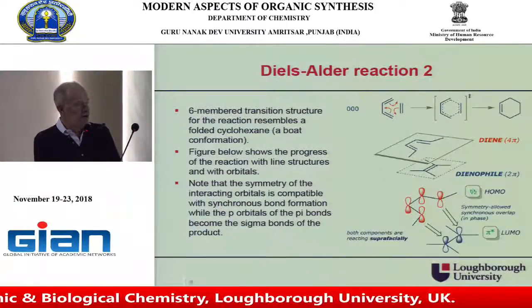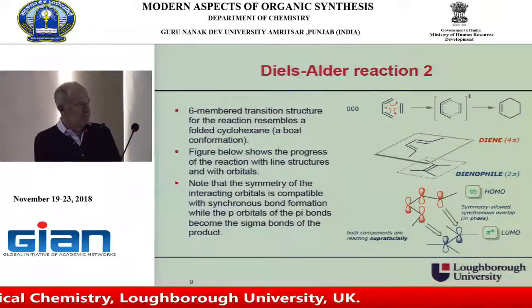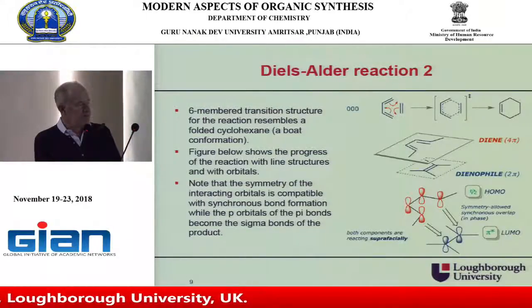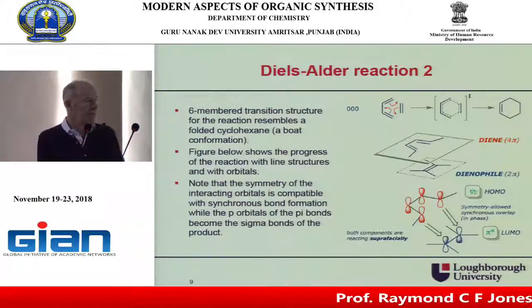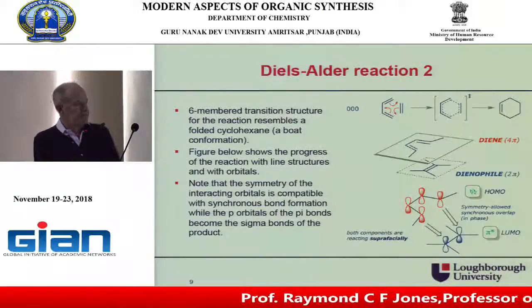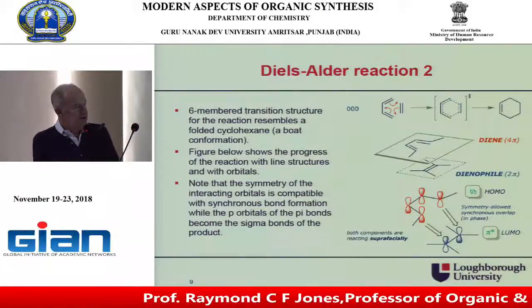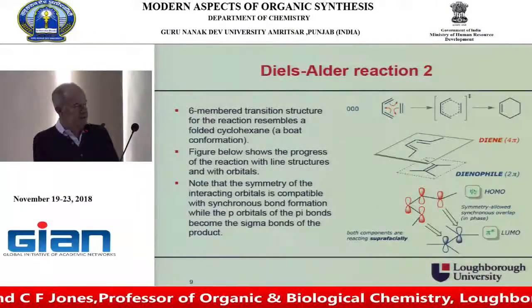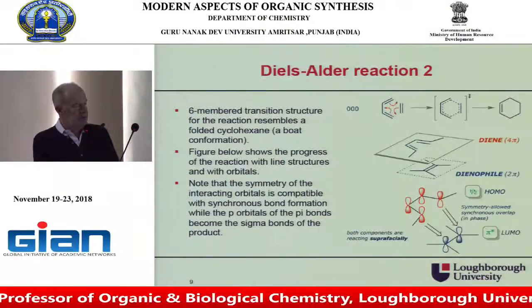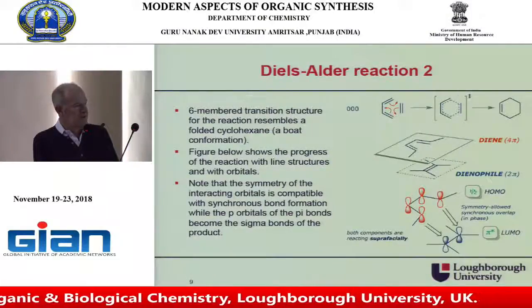So here is the HOMO of the diene. In terms of phases of the orbitals, it looks like 2 isolated pi bonds. Here is the LUMO, the unoccupied pi orbital of the alkene. It's the pi antibonding or pi star orbital.